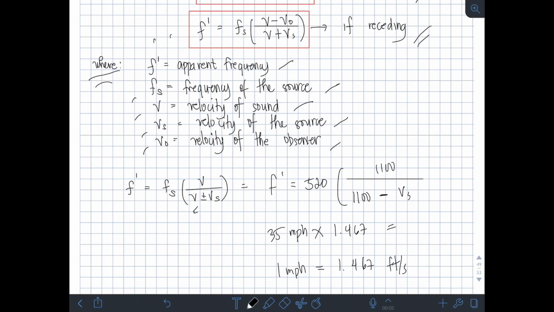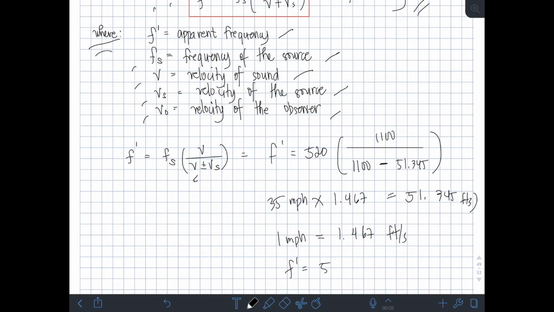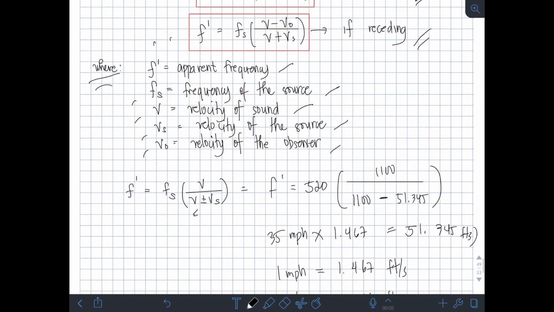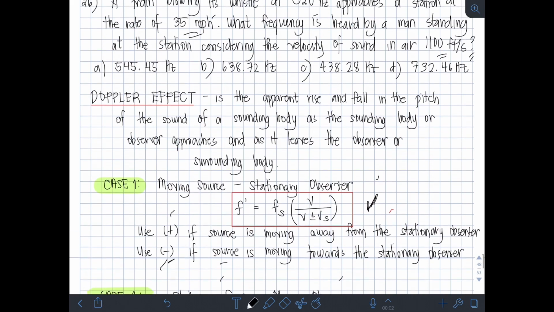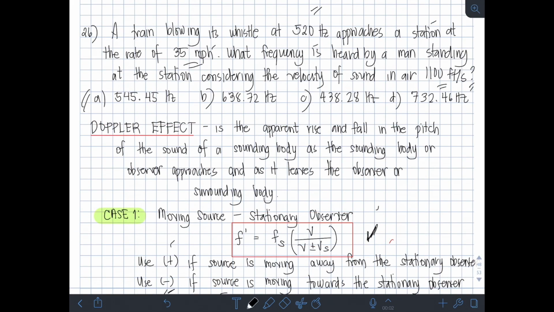So, ilan yan? So, 51.345 feet per second. So, ito yung substitute natin dito sa V sub S, 51.345. So, using calculator, ang makukuha nating sagot dito is F prime is 545.46 Hz. Okay, so the answer is letter A.